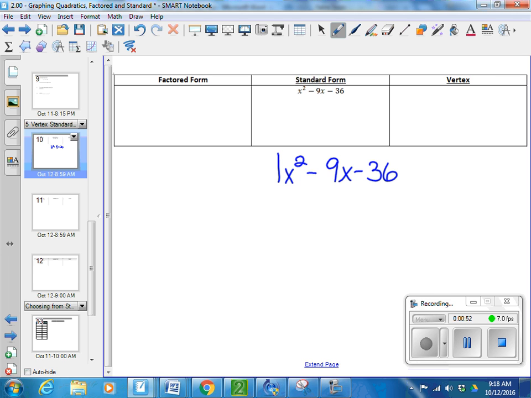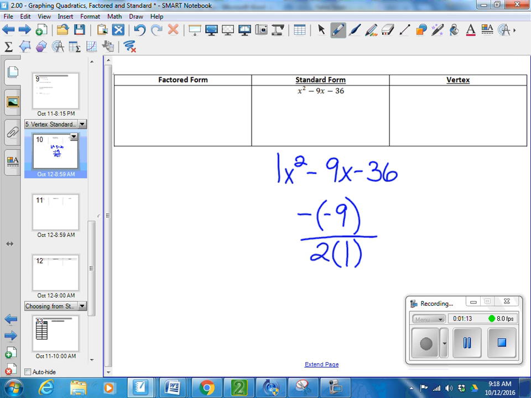So since I have negative 9, I want to use the opposite of negative 9, and divide that by 2 times the coefficient of the first term. So that'll be 2 times 1.